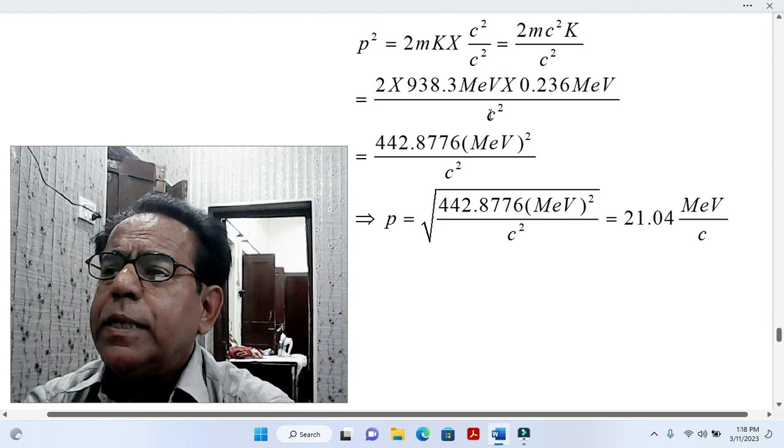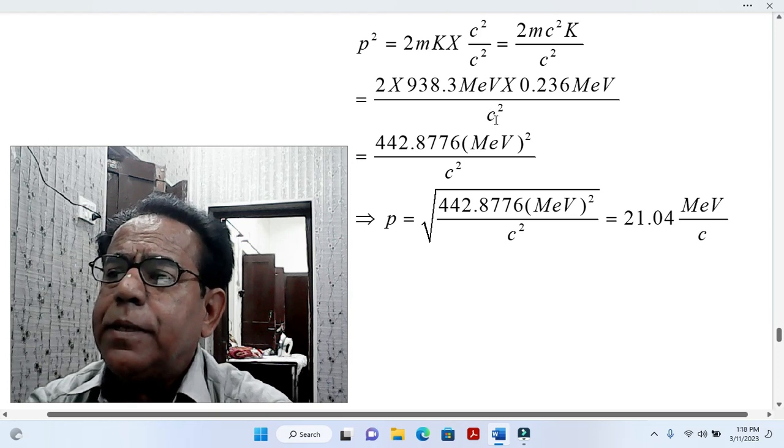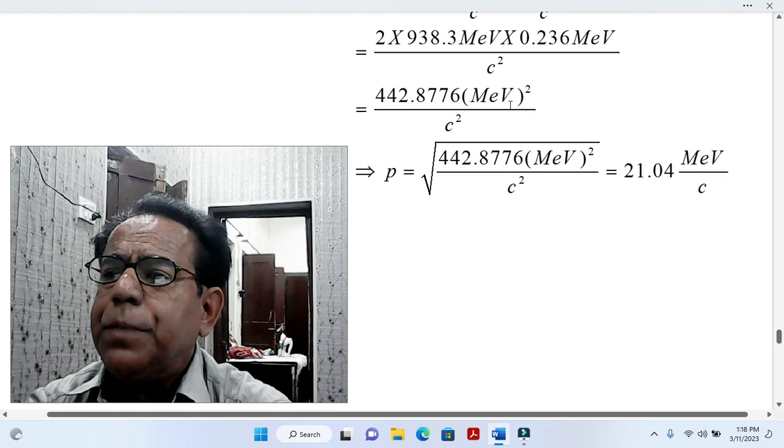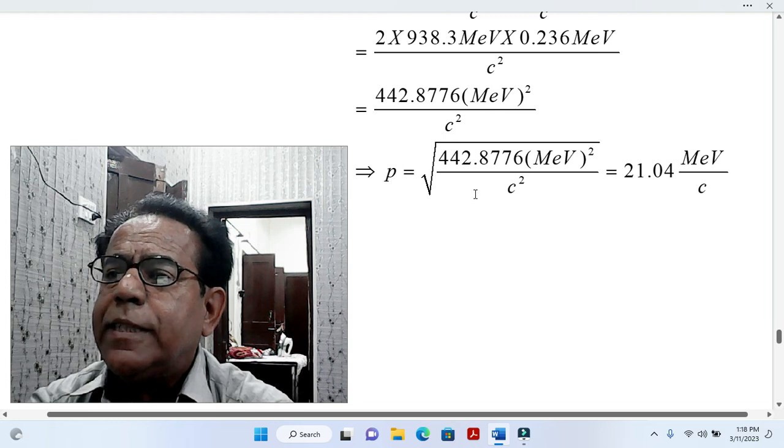We have not disturbed this c square yet. In the next step it will be simplified as 442.8776 million electron volt whole square divided by c square. This is p square equal to.